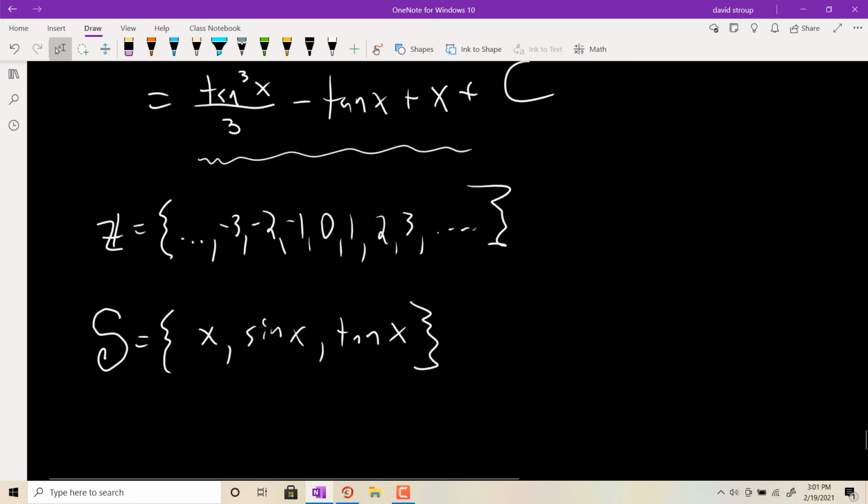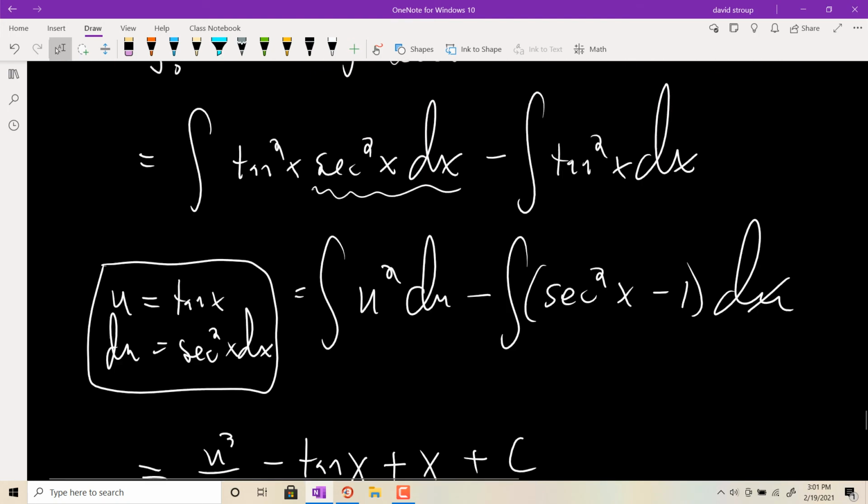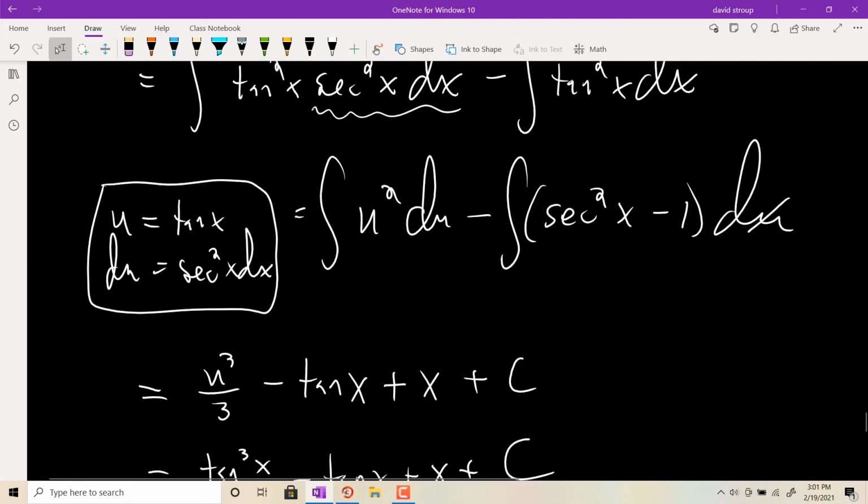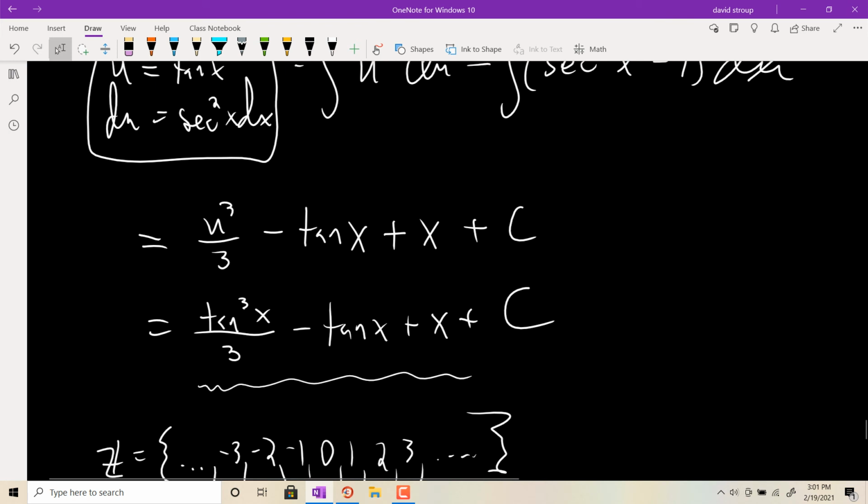And when you're taking derivatives and integrals of them, they just stay in the same set. Like up here, when you're adding two numbers together, you just get another number. In the set S, whenever you take integrals or derivatives of these things, you just get another thing within it. So the outputs of your integrals, it's not unknown territory.